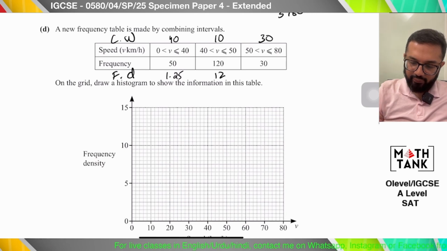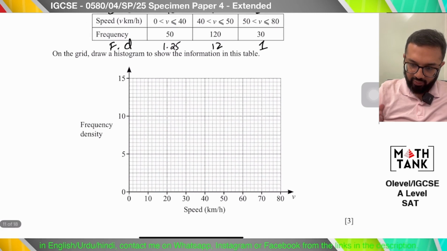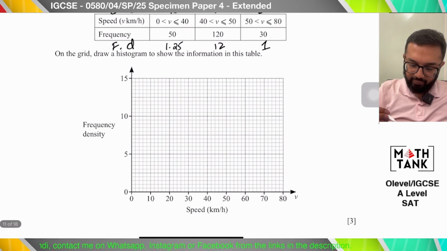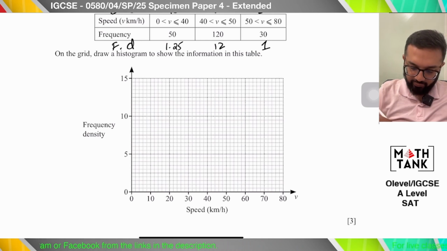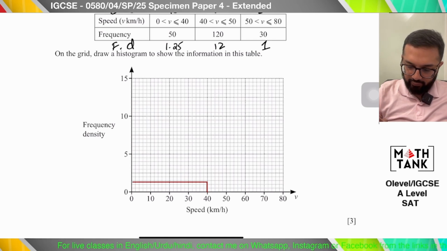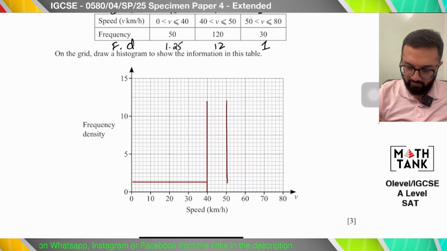Going to be 12 and 1. 1.25. That's really low. Then 40 to 50, I have 12. That's 12. And then 1.